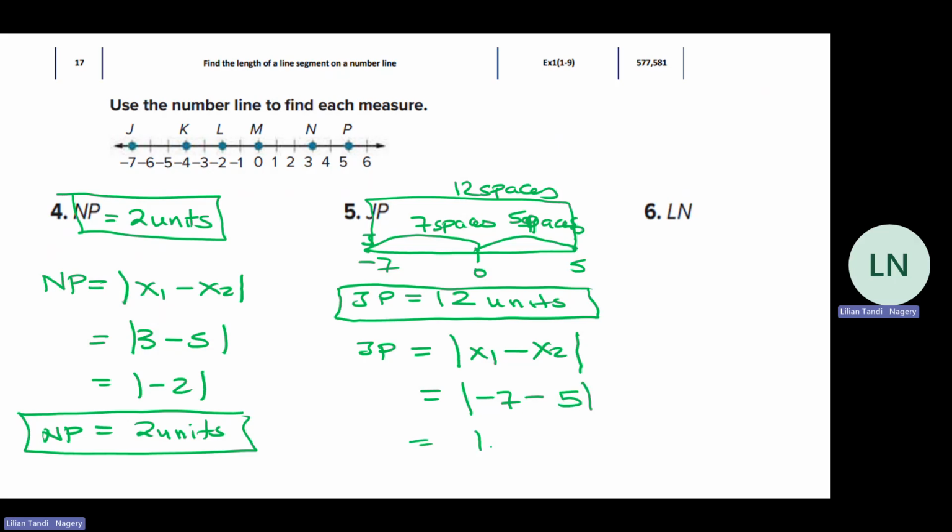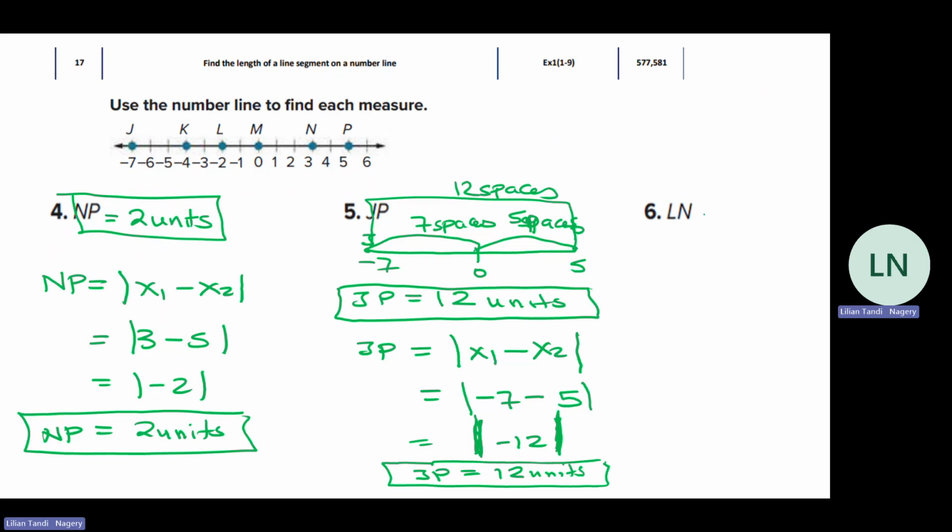Then you're going to get absolute value of -12, which becomes 12 units. And for JP, make your absolute value longer and darker so that you don't confuse it for a number.